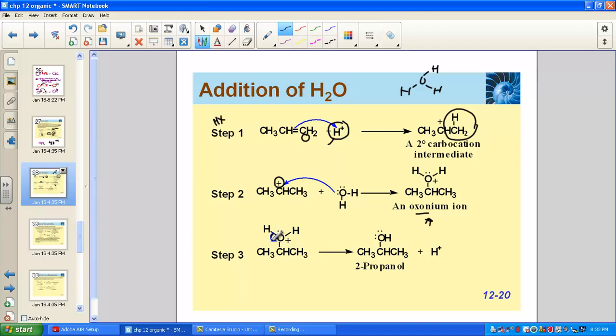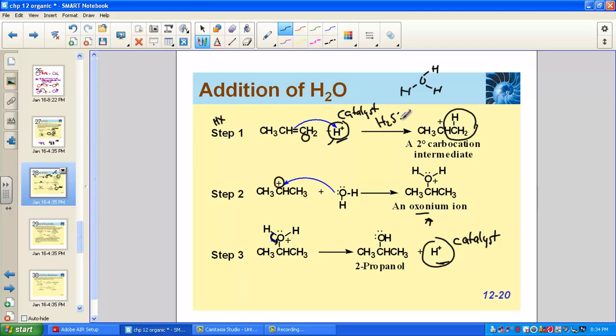This bond, follow the electron density, cleaves, and you're left with the hydrogen ion that you started with. Remember the definition of a catalyst: something that you start with and end with, that changes the reaction mechanism, changes the pathway of the reaction, but without itself being used up.